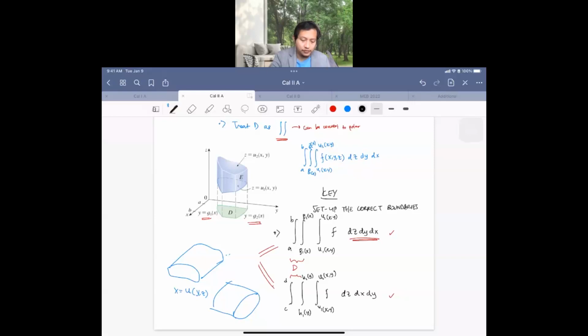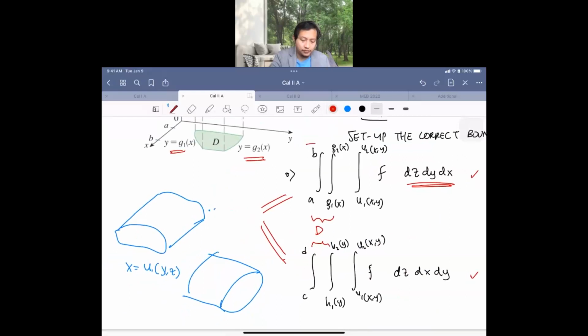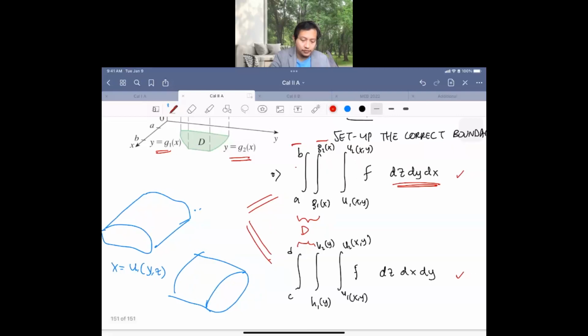So for the setup of the triple integrals, we set up the outside as a constant, and then the middle one is still the D. It is supposed to be a function of the constant one, so g of x. So this is x, this is g of x, and the last one is a function of two variables, of x, y, and it's supposed to be the z, right?